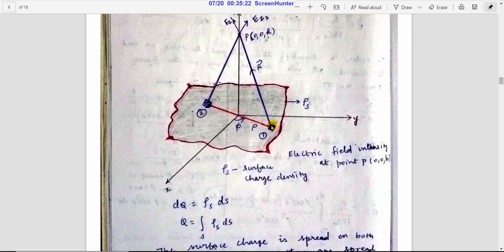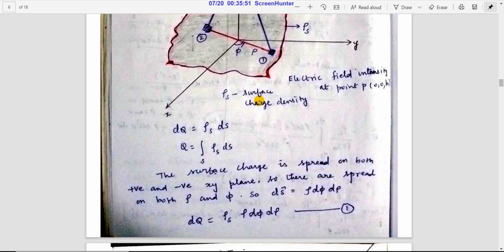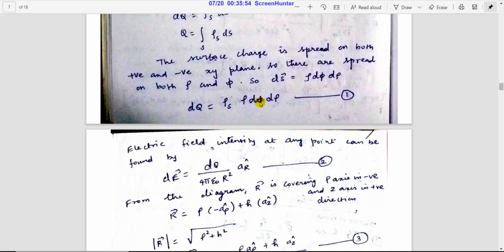So this is going to be half of the charge density, and this is going to constitute another half of the charge density. Since these two are on the ρ plane, they are going to constitute on the ρ vector, but they are all in different, opposite directions.